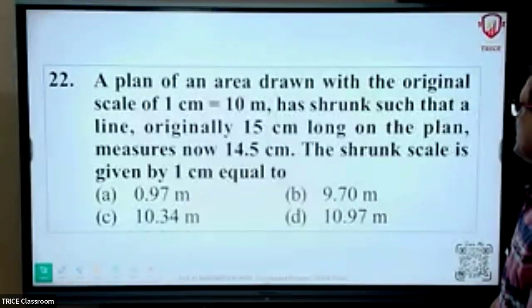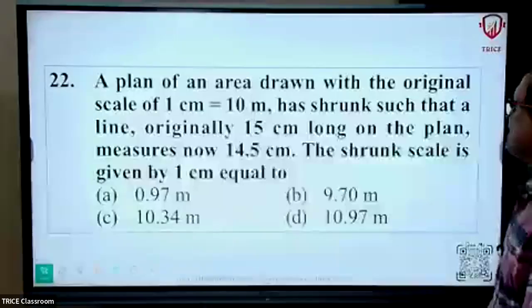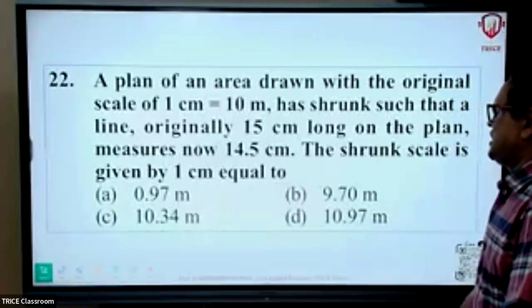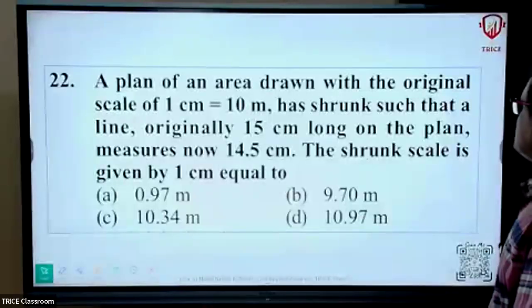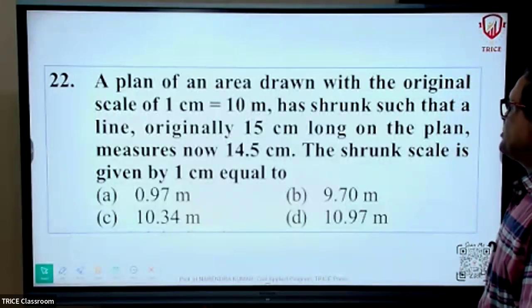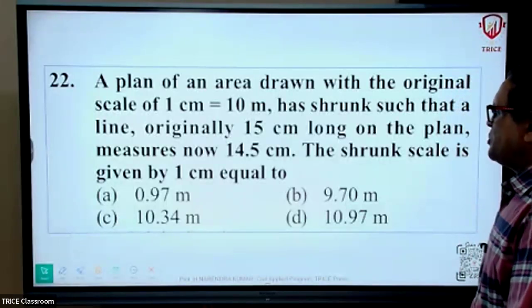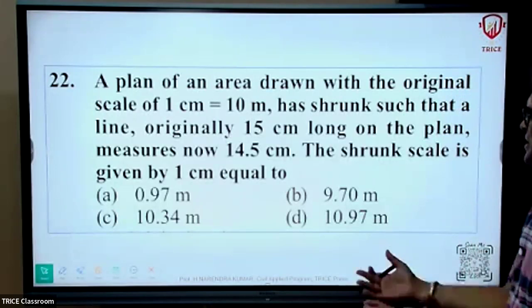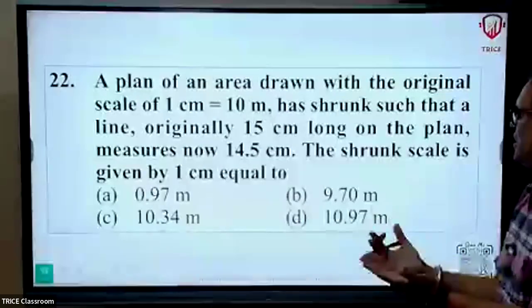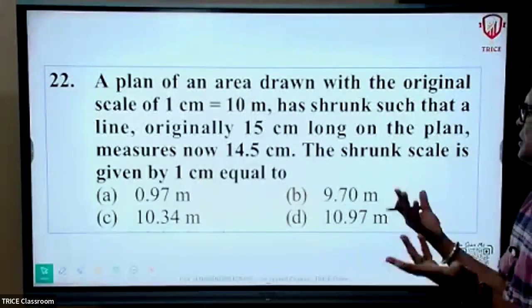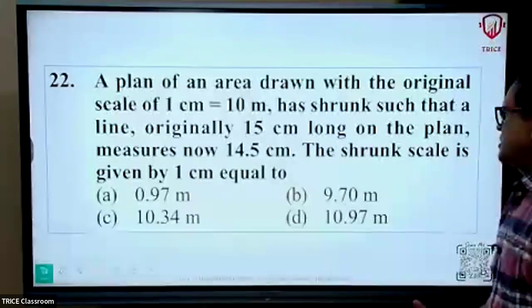A plan of an area drawn with the original scale of 1 centimeter is equal to 10 meter. This is the original scale. It has shrunk such that a line originally 15 centimeter long on the plan measures now 14.5 centimeter. You know that any material shrinks automatically due to environmental factors.